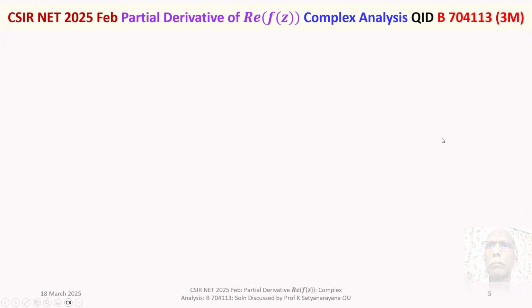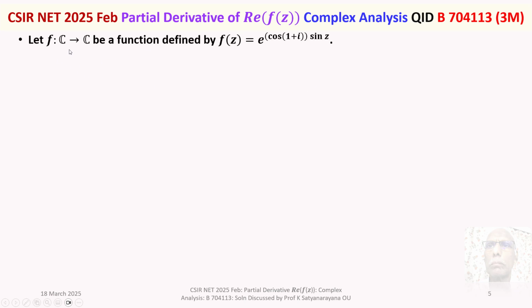This question is about the partial derivative of the real part of a given function f of z. Let f be a function from the complex plane C to itself defined by f of z is equal to e power cos of 1 plus i multiplied by sin z in the power only.